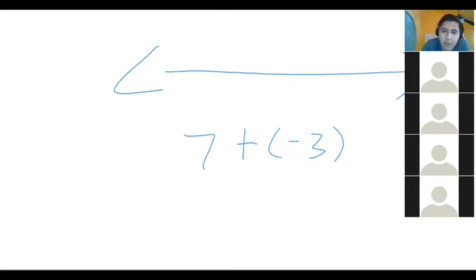Yeah, that's one way, sure. But what's another way? 7 minus 3. You see? So all of these mean the exact same thing. But in all honesty, the one that probably works out the best for me is that 7 minus 3, right?